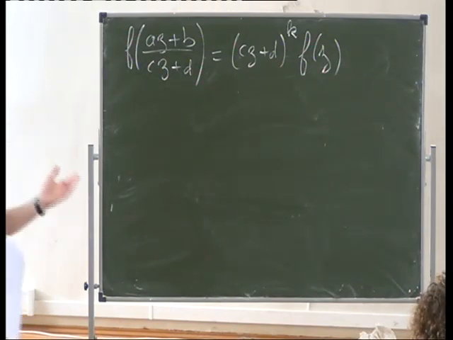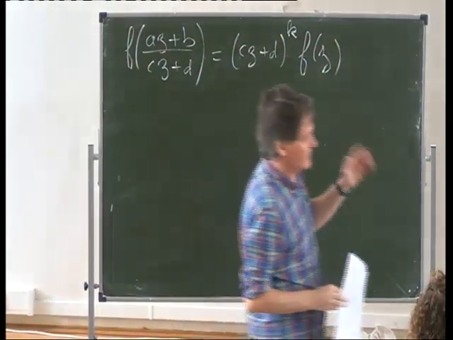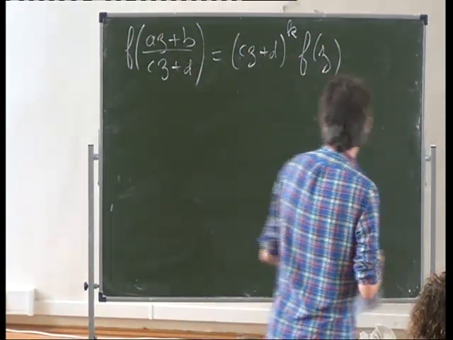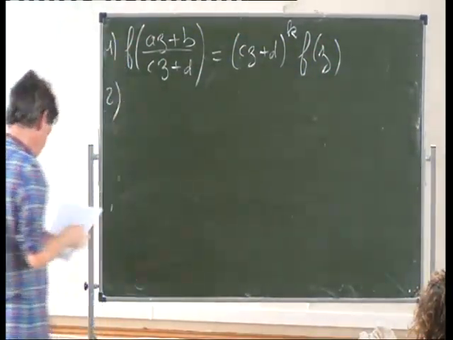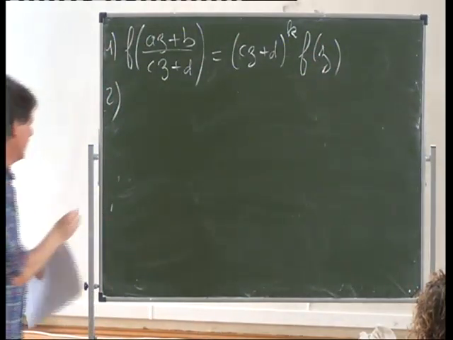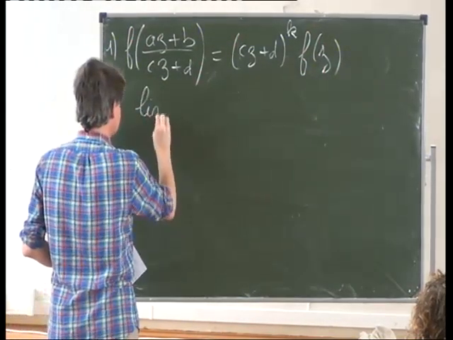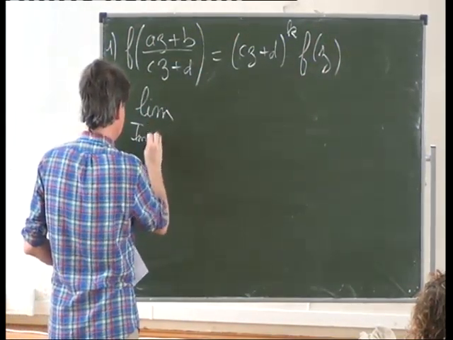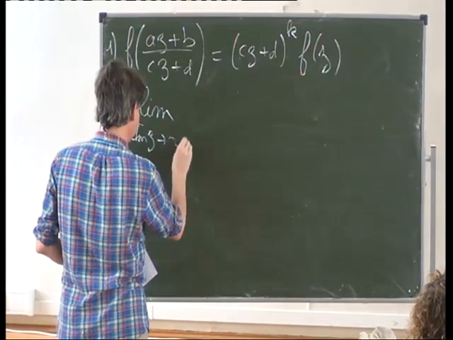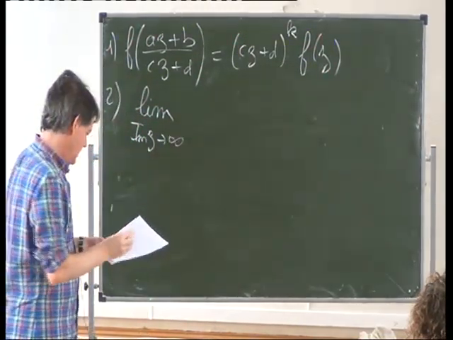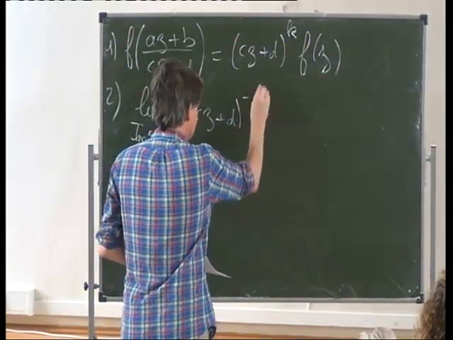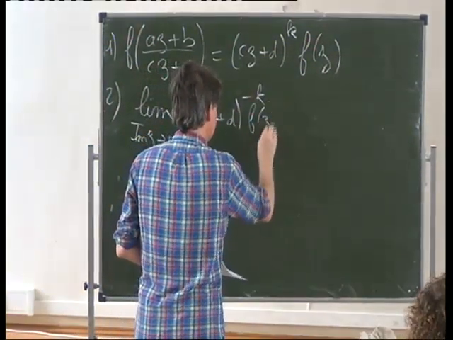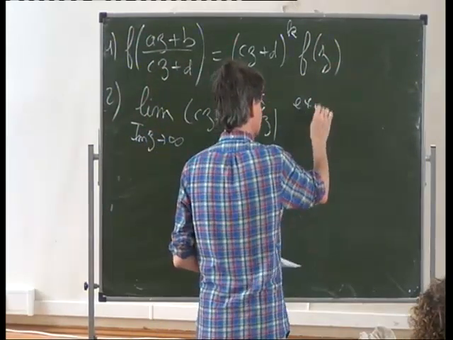And the second, I will write it quickly as this: the limit when the imaginary part of z goes to infinity of (cz + d)^(-k) f(z) exists.